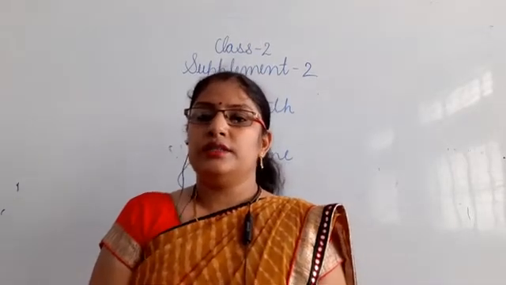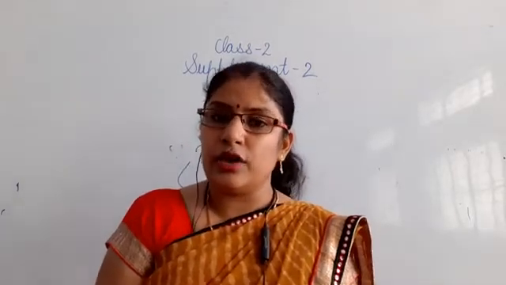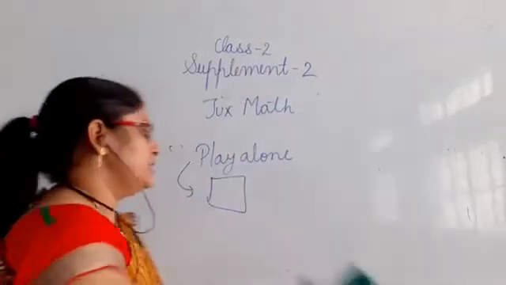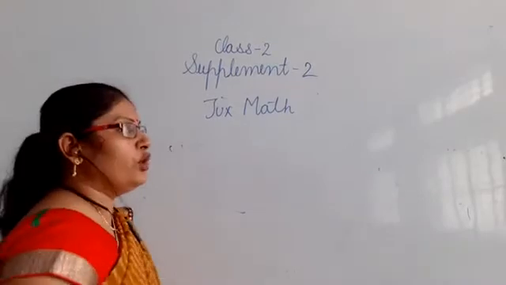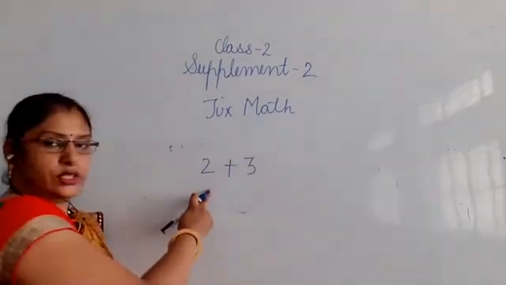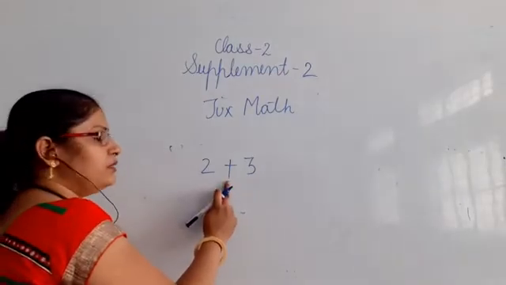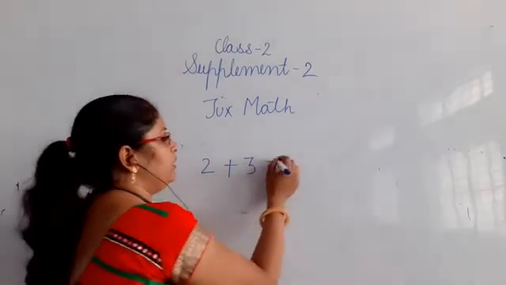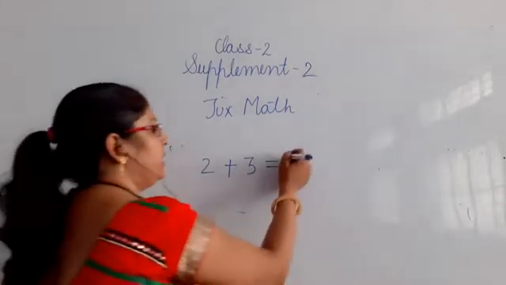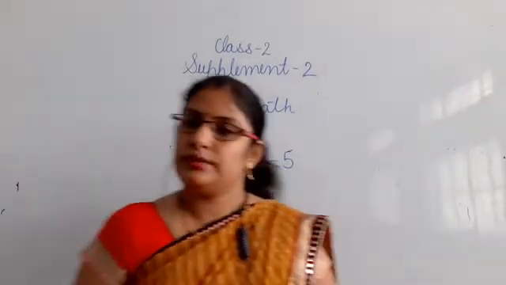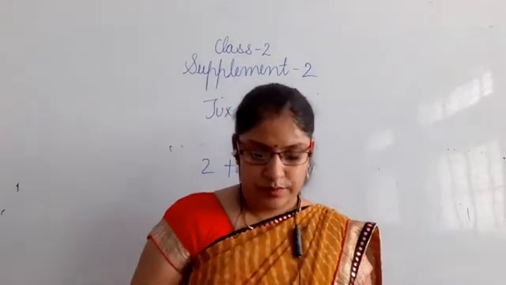Then after selecting the addition option, I will press the number keys. Suppose, from 0 to 5, I want to add 2 and 3. First I will press the number 2 key, then the sign of addition, then 3, then I will press equal, and the result will be displayed on the monitor.